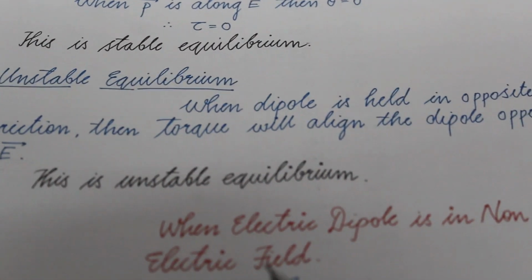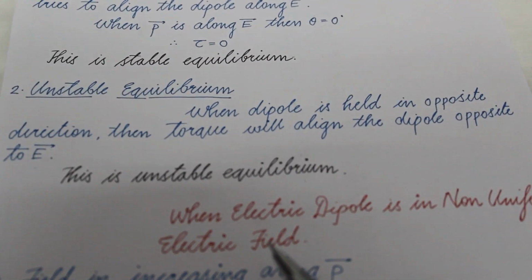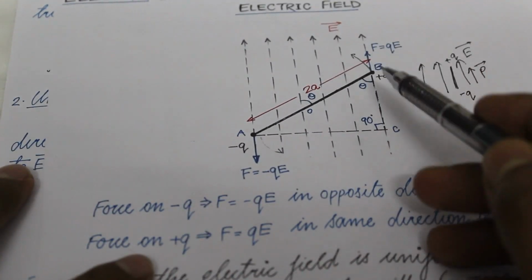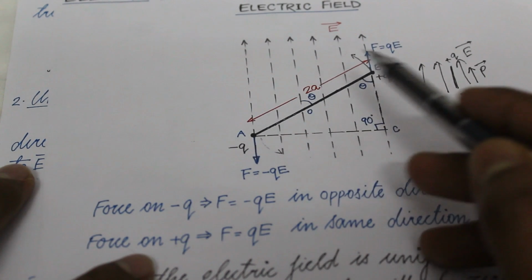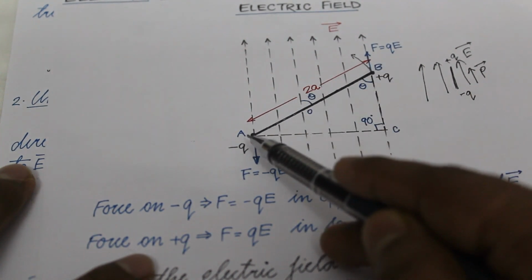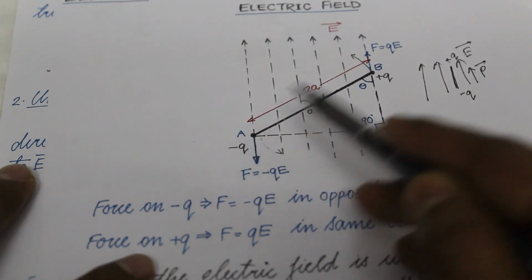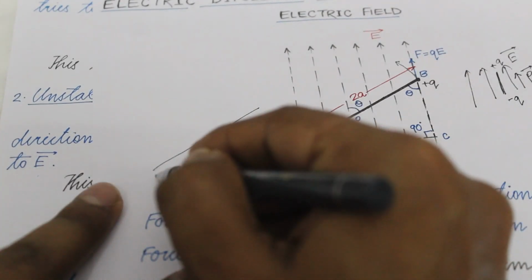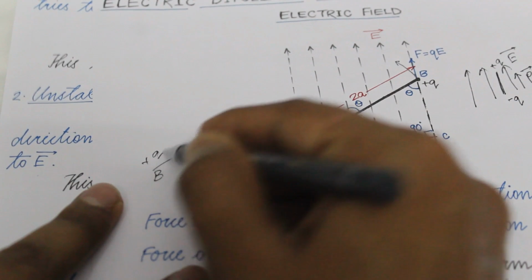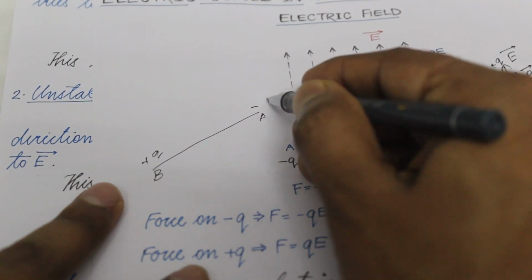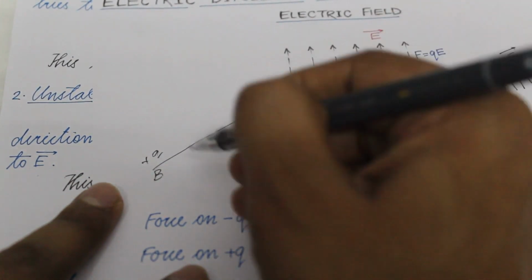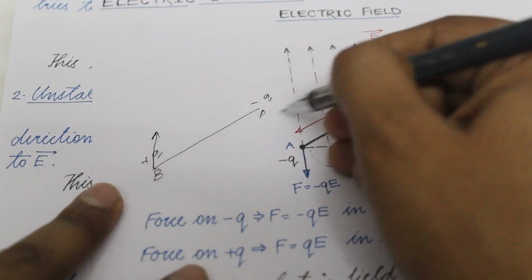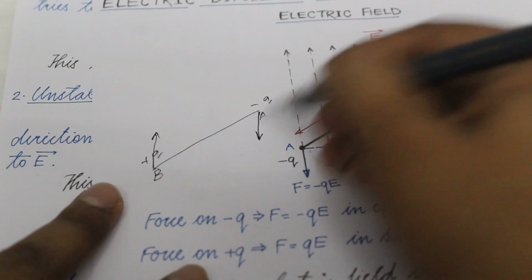What about unstable equilibrium? Unstable equilibrium will arise when the dipole is aligned in the opposite manner. Let's say this is B, plus q, and this is A, minus q. The electric field is in the same direction. The force acting on this will be in the upward direction and the force acting on this will be in the downward direction.